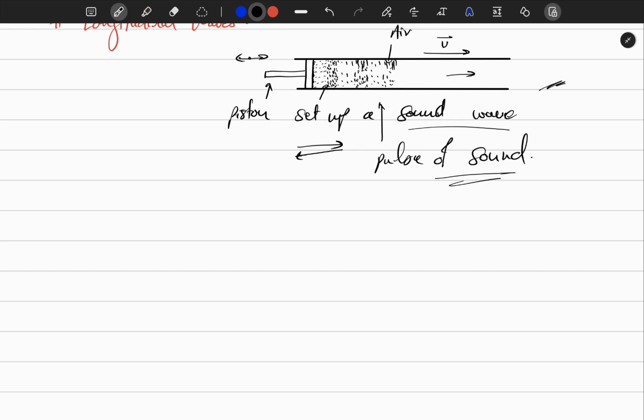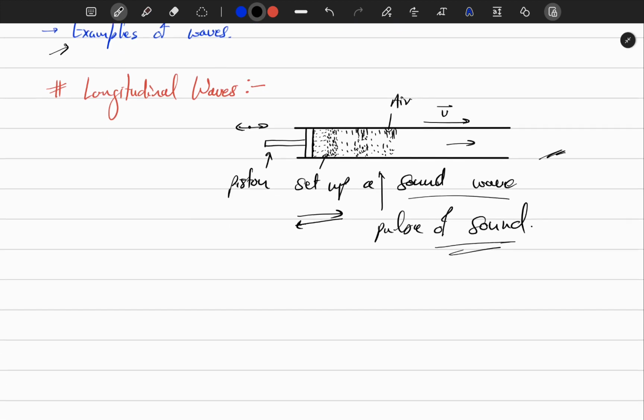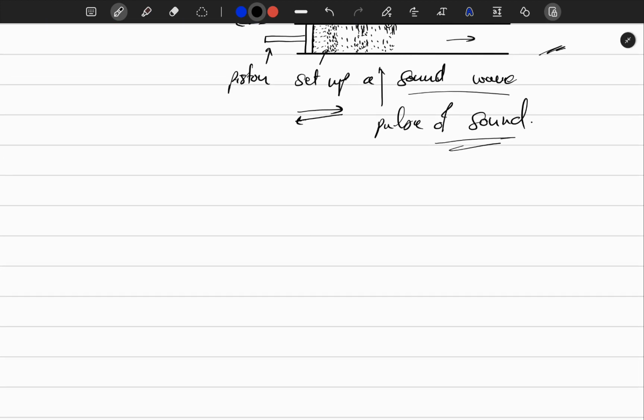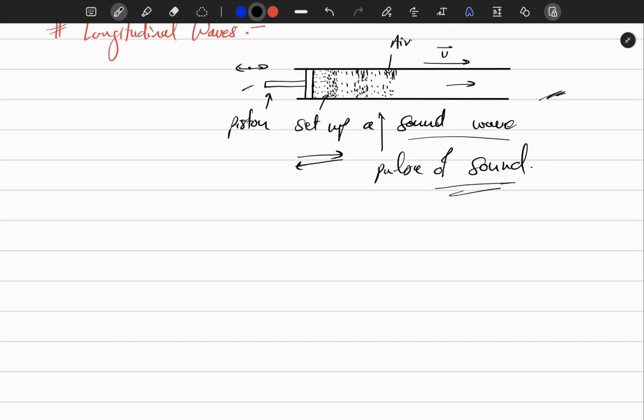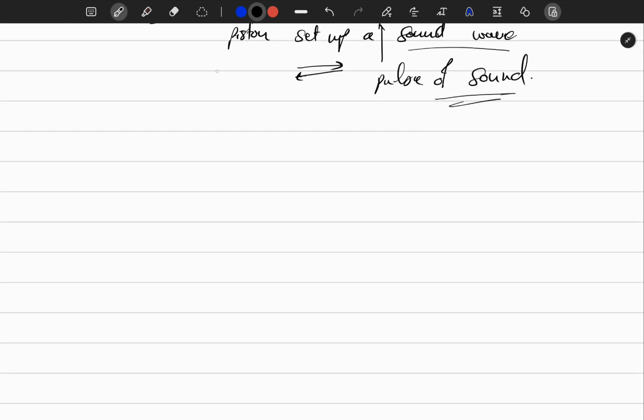And if you push and pull on the piston in simple harmonic motion as being done before, a sinusoidal wave travels along the pipe. If this is simple harmonic motion, then the wave will be a sinusoidal wave.